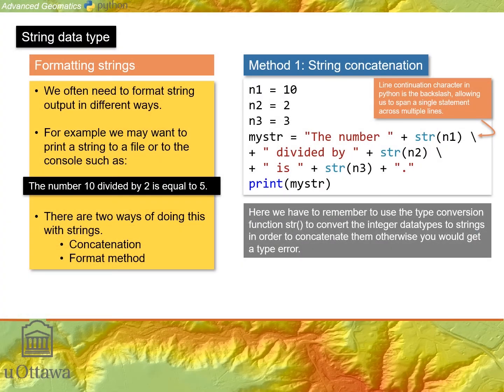So here's again an example of formatting a string. Here I have 1, 2, 3 numbers, 10, 2, 3, and I want to write a statement out that says the number string n1, 10, divided by string n2, so 2 would be put here, plus is string 3, right here, and 3.